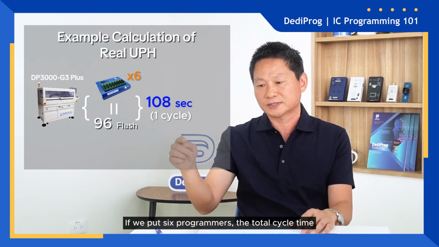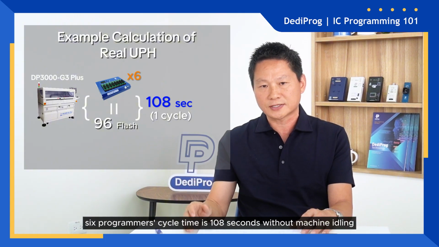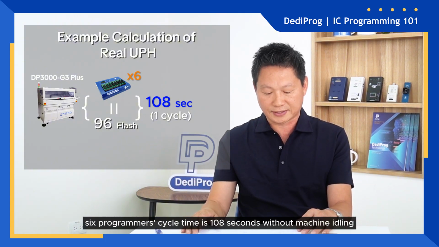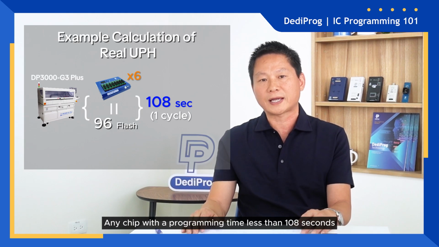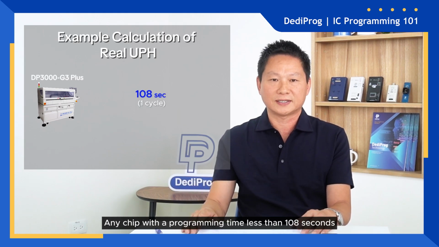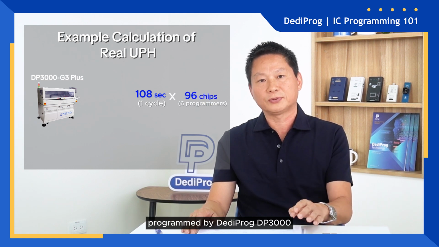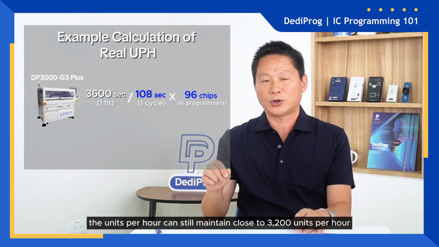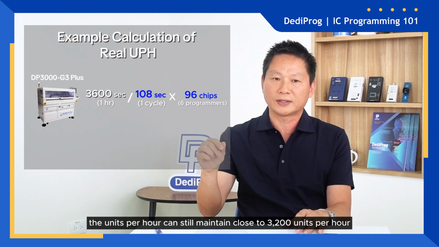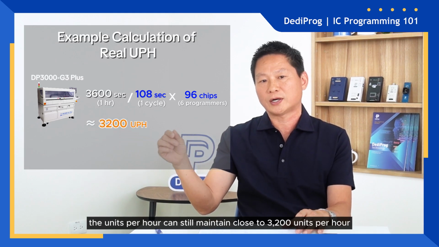So with 6 programmers, the total cycle time is 108 seconds without machine idling. For any chip with a programming time of less than 108 seconds, programmed by the DediProg DP3000, the unit per hour can still maintain close to 3,200 units per hour.